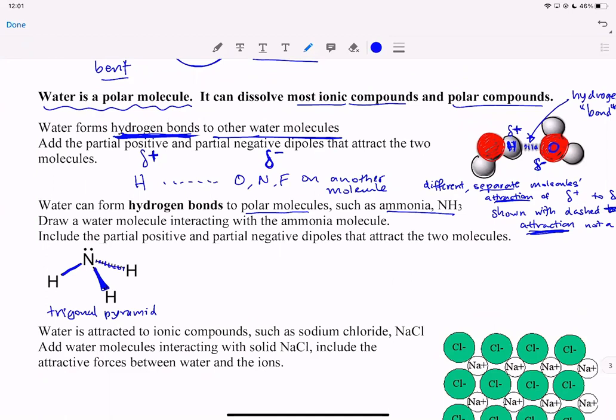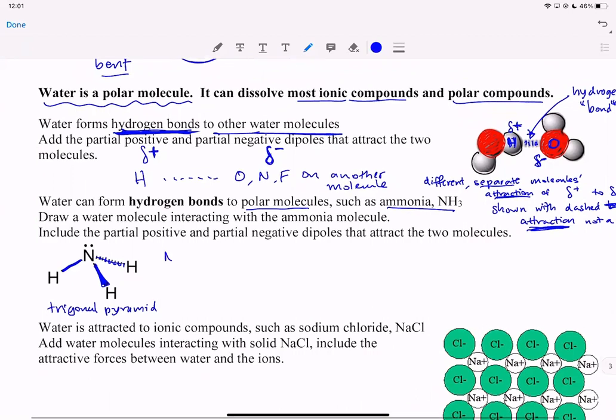Well, this is the trigonal pyramid shape, and there are 3 nitrogen-hydrogen bonds in this molecule. The nitrogen-hydrogen bond is polar. And so we could draw this as dipole arrows. The dipole arrows here are going to be for the nitrogen-hydrogen bond, pointing to the nitrogen. The nitrogen is the more electronegative atom.